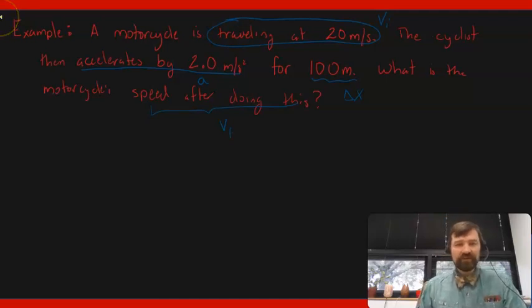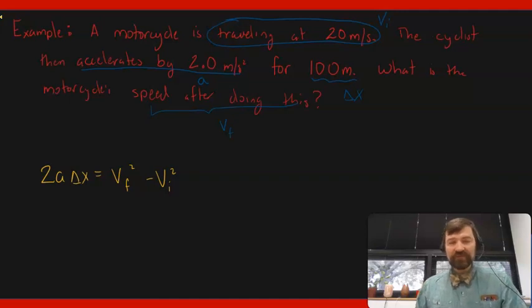So we want to use this equation that says 2a delta x is v final squared minus v initial squared. But we're trying to solve for v final, so we're going to have to rearrange the equation. Okay, so v final squared is therefore 2a delta x plus v initial squared.